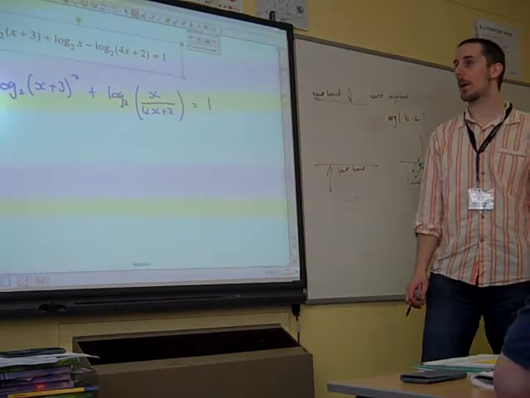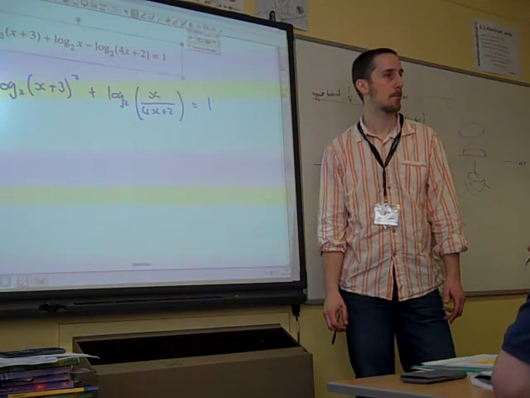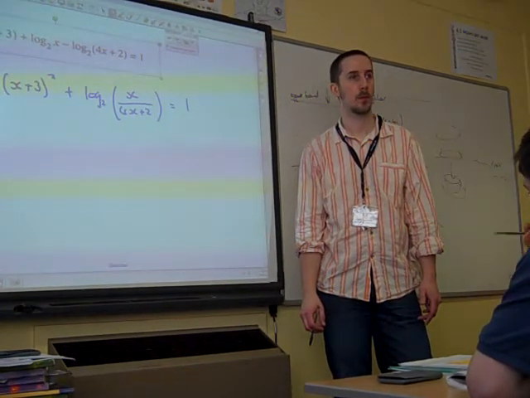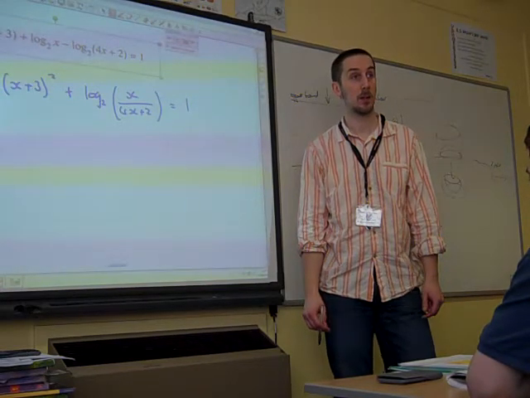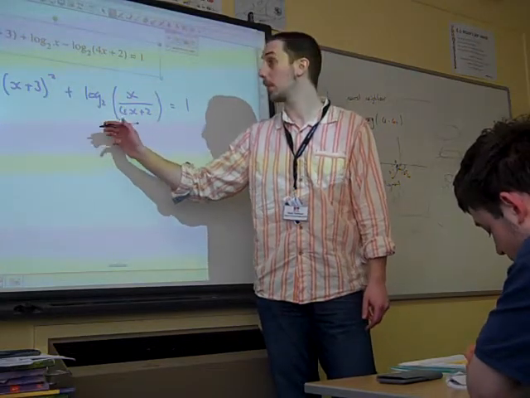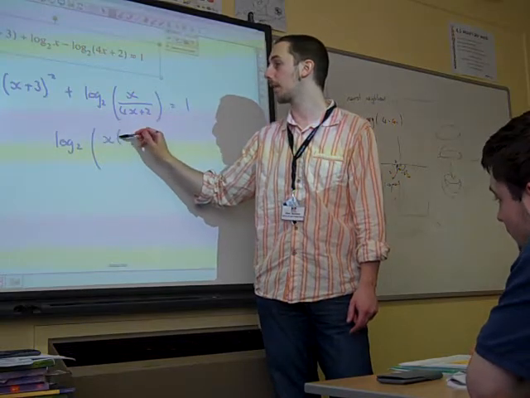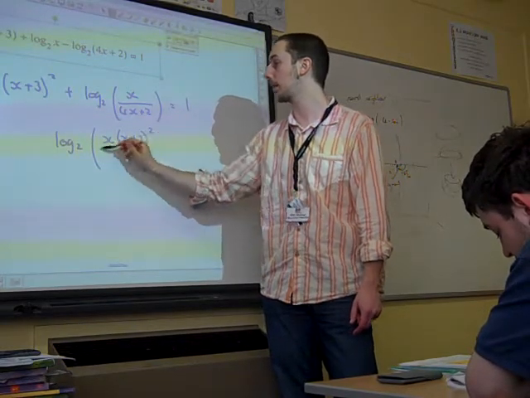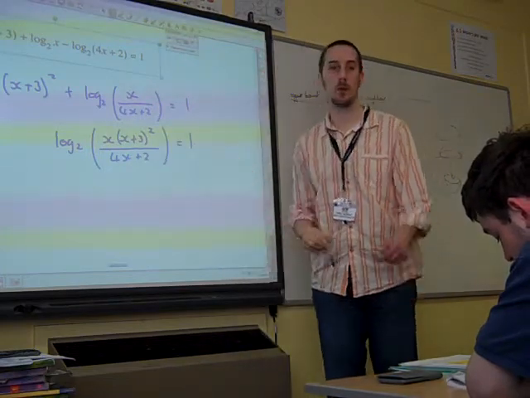All right. What we're going to do next is put this together. We're adding 2 logarithms, so we times it. So we're going to have x times x plus 3 squared over 4x plus 2 equals 1.